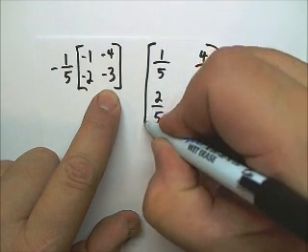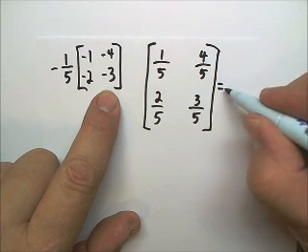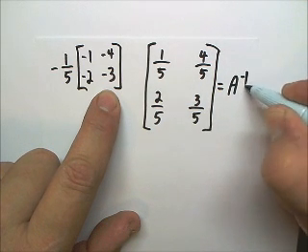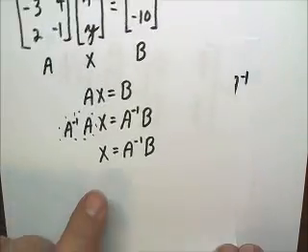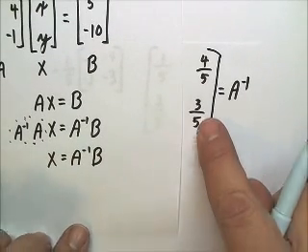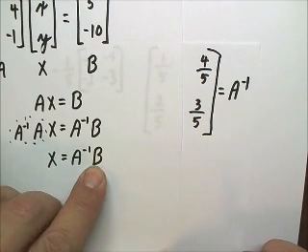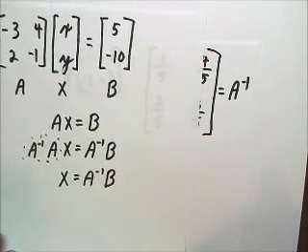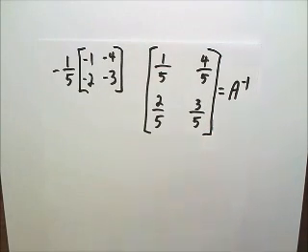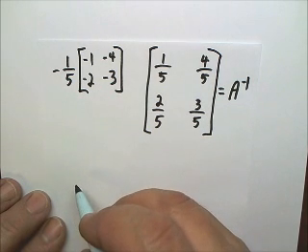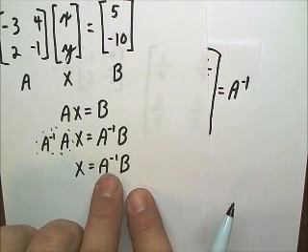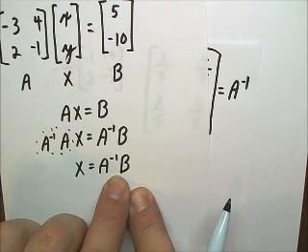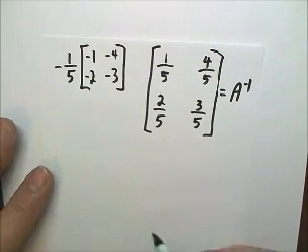So this is equal to our inverse matrix. So according to our original equation, we have to take this matrix and multiply times B. So B is 5, -10. And we're multiplying, and we got to make sure we multiply from the left. That's A to the -1 times B.